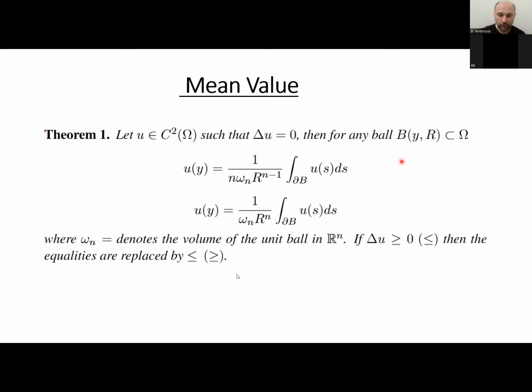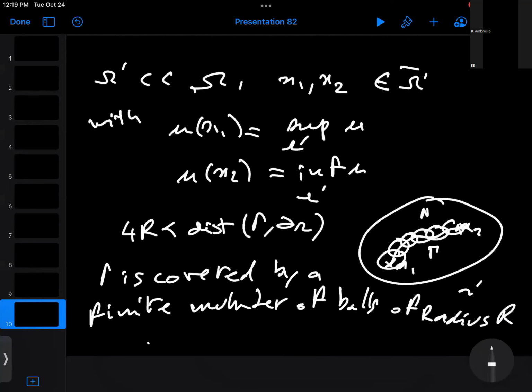So I will cover my arc with a finite number n of balls. And then I apply inductively the previous results, and I get that u of x1 is less than 3 to the n times u of x2, right?